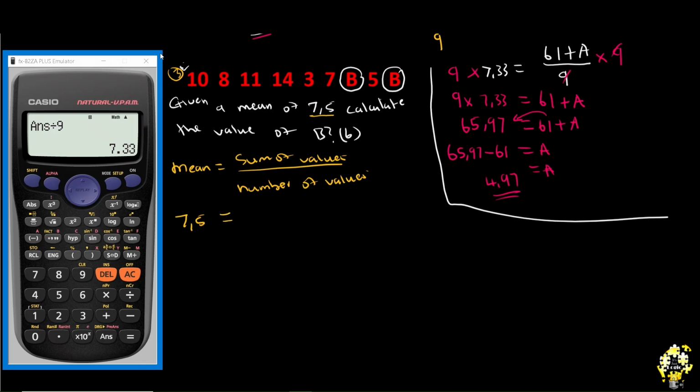Now, sum of values, I said we are going to be adding. So we have a 10, let's cancel a 10. We have 8, let's cancel 8. We have 11, let's cancel 11. We have a 14, cancel 14. Just like this. We have a 7. You saw what I did on the first one. I said we also add these variables. Even though we can't put them on the calculator, we have to put them in the formula.